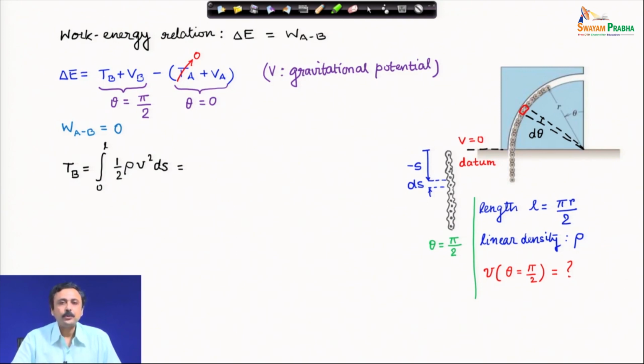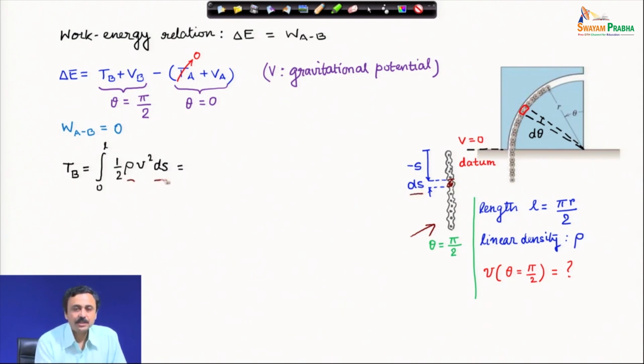Now, we try to calculate the kinetic and potential energies at the two configurations A and B. At B, which is this vertical configuration which I have drawn here, the kinetic energy is, imagine you have a short length of this chain represented by ds.